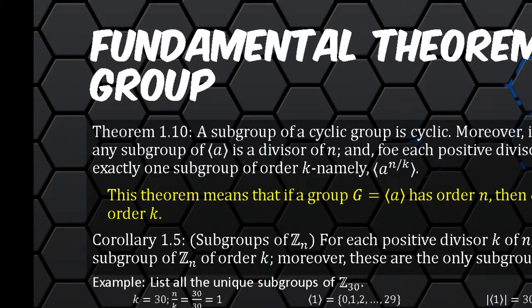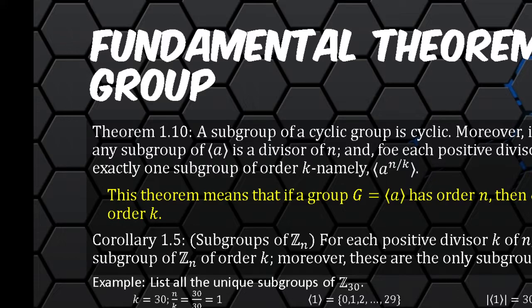Alright. So how many generators? That's Z of 30. Among the unique subgroups, which are the generators? Among 1, 2, 3, 5, 6, 10, 15, and 30, we choose those that are relatively prime to 30. So 1 is included. Is 2 relatively prime to 30? No. How about 3? Not either.